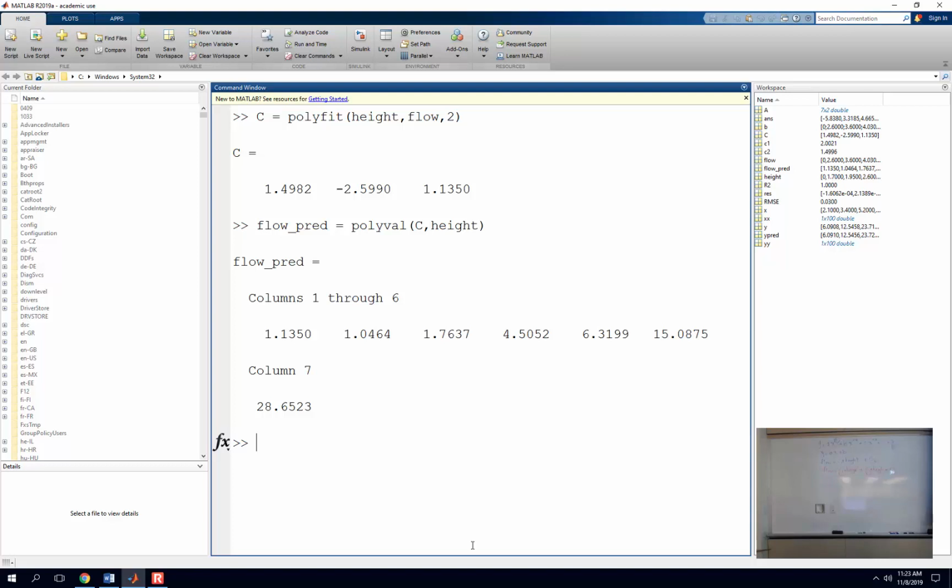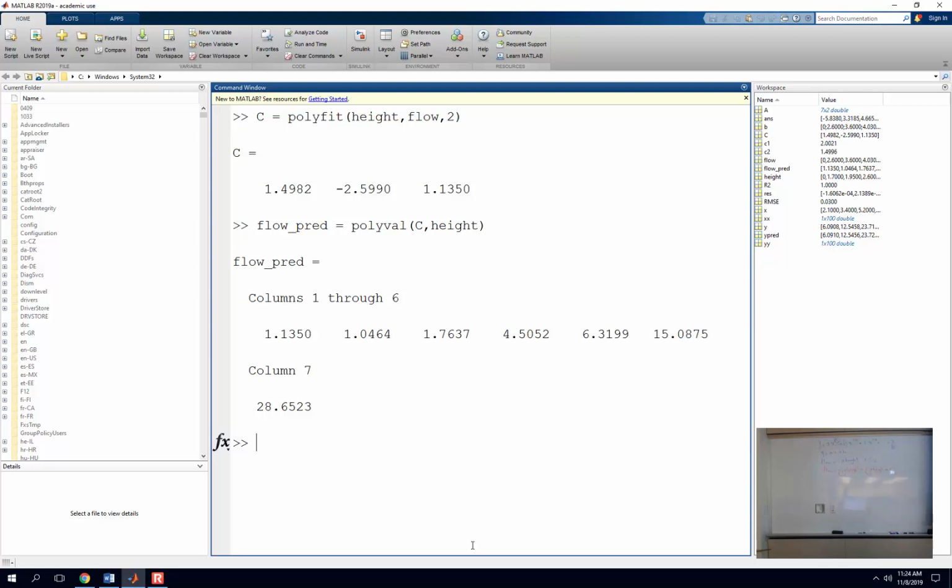Does that make sense? So basically, polyval and polyfit is yet another way of finding or tuning those parameters. Polyfit is to tune and polyval is to evaluate your function.